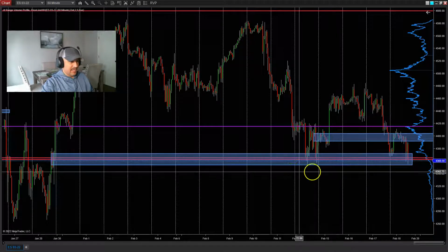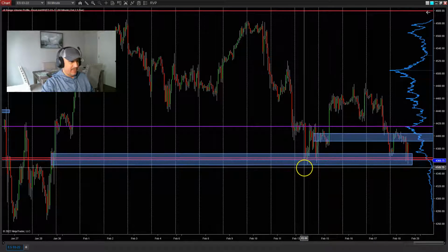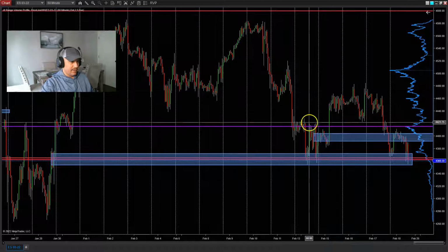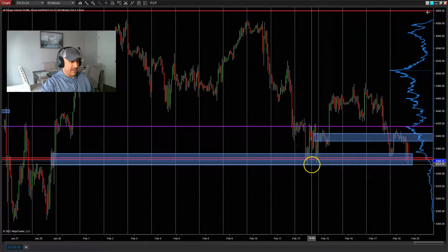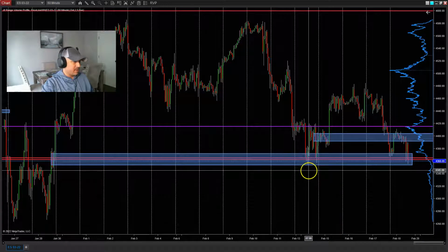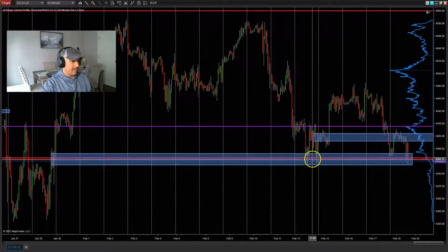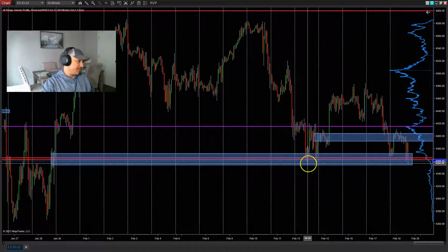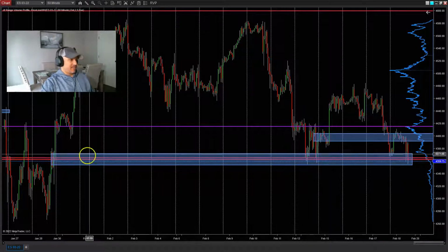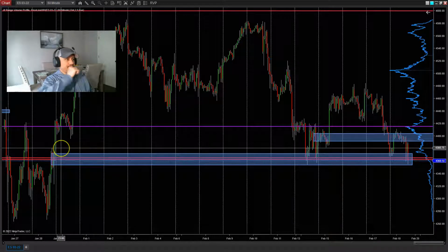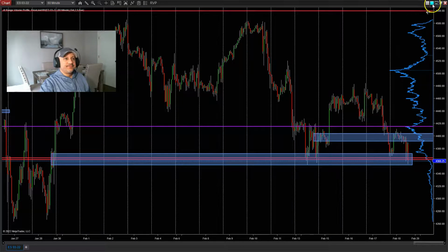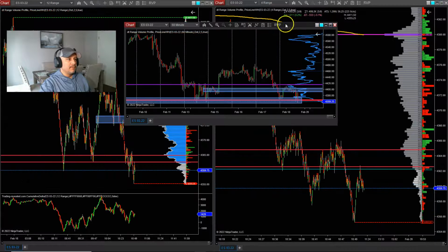So it's got to break this area right here, 55, if it wants to push any lower. It really does. Then break these lows right here. So far, it keeps bouncing out of this area, the demand.